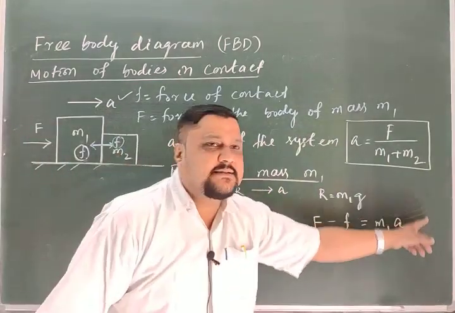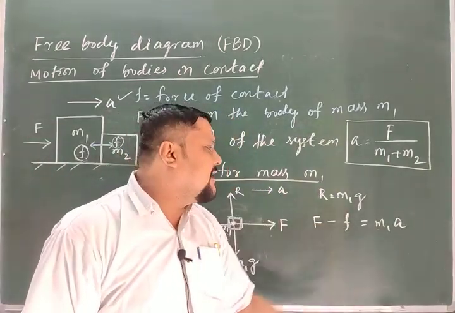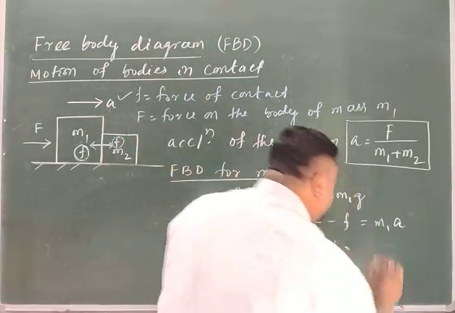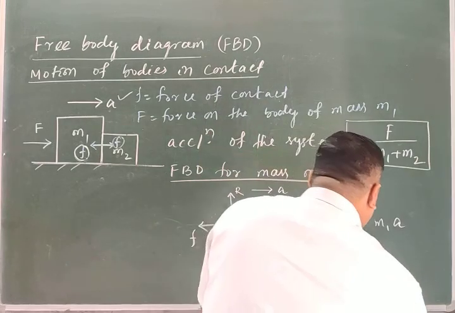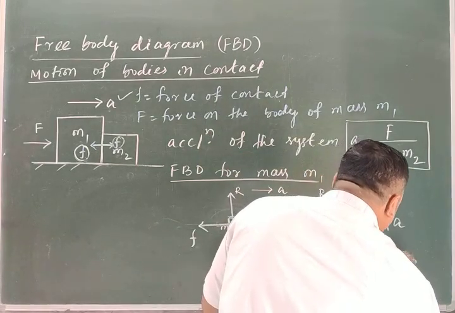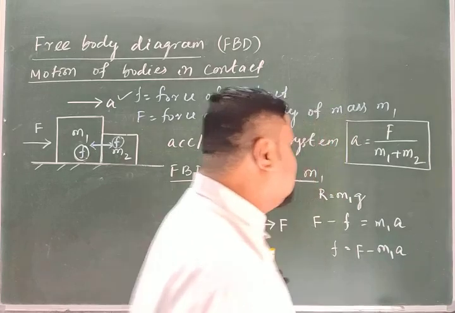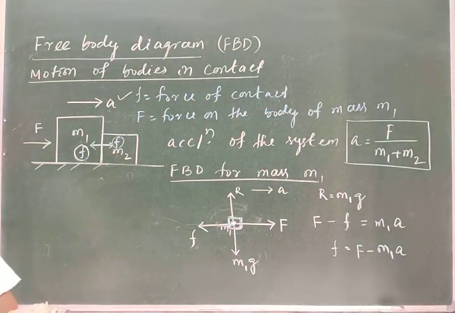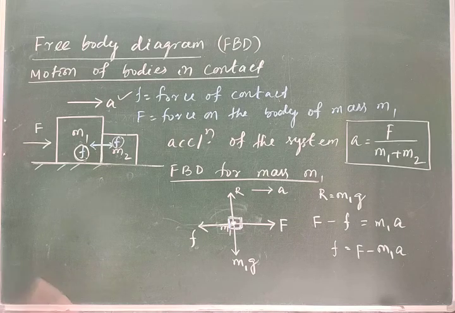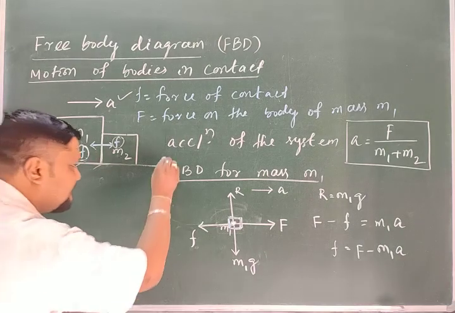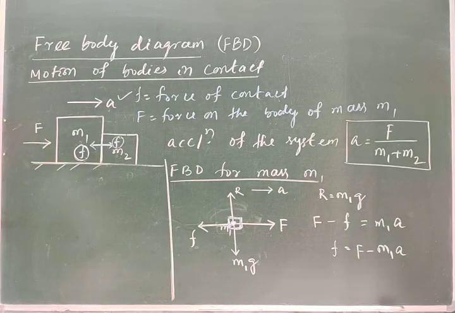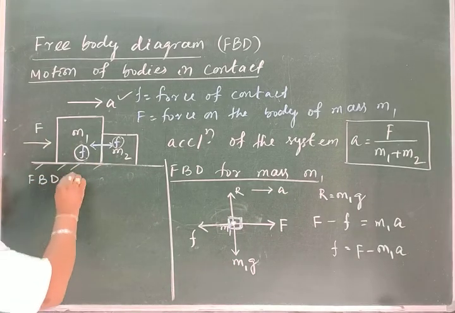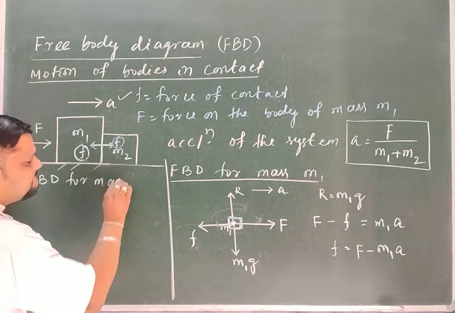So the resultant force is m1a. That is the concept from the free body diagram. So f is equal to F minus m1a. That we got from the free body diagram. Then go for the free body diagram for mass m2, FBD for mass m2.